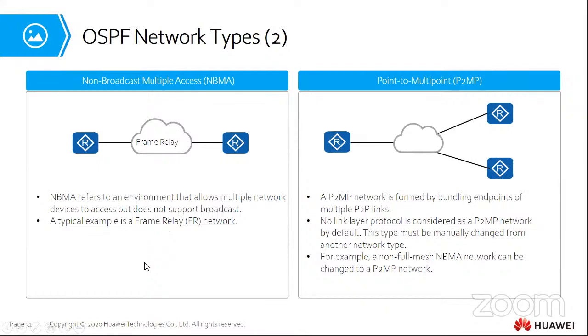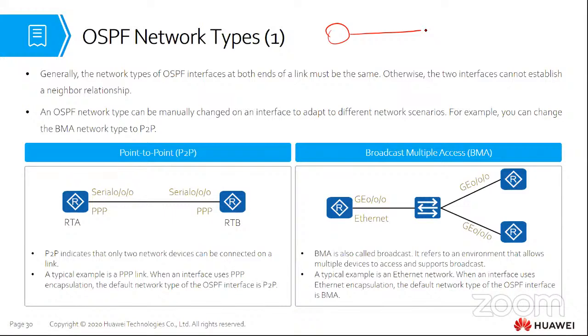There is no layer 2 technology link that, if you set it up between two devices, gives a default OSPF network type of point to multi-point. We have said if you connect two OSPF routers through serial links, the default OSPF network type is going to be point-to-point.